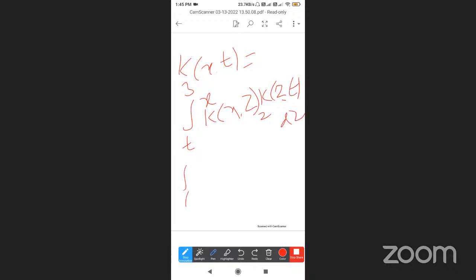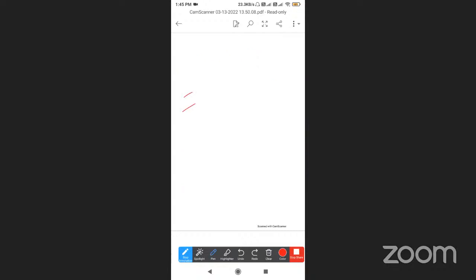Here k of x comma z is e power of x square minus z square, and k2 of z comma t is e power of z square minus t square into z minus t. The z square cancels, and we get z minus t into dz. E power of x square minus t square is constant, so we take it outside the integral from t to x.